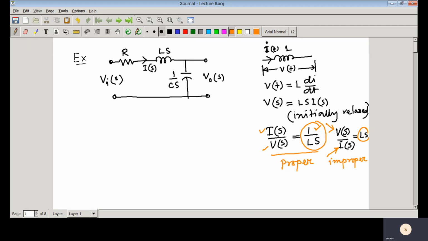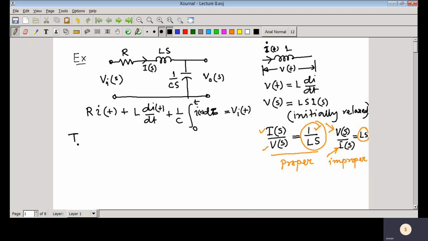Now go back to this particular example. If you write the KVL, that is R i(t) plus L di/dt plus 1 by C integral of i(tau) d tau from 0 to t, this is equal to vi(t), that input voltage.